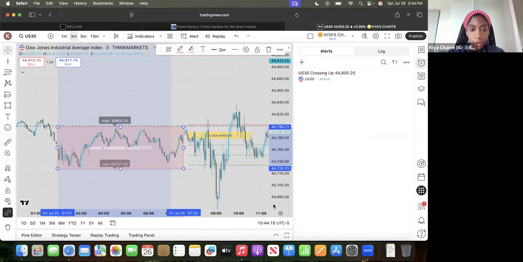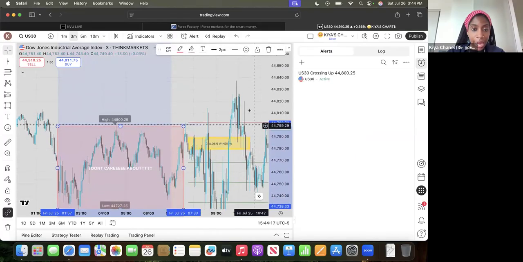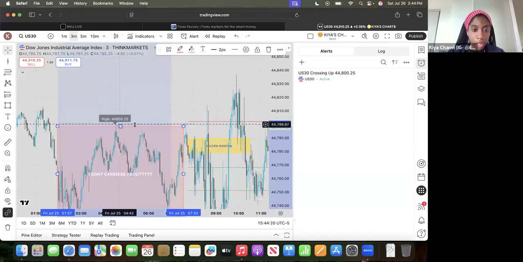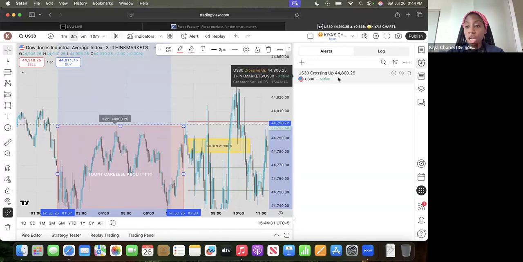Create. So you guys see how it just created that alert right here? US 30 crossing up 44,800.25. So when you see the alert right here, that's when you want to be tapped into the market.